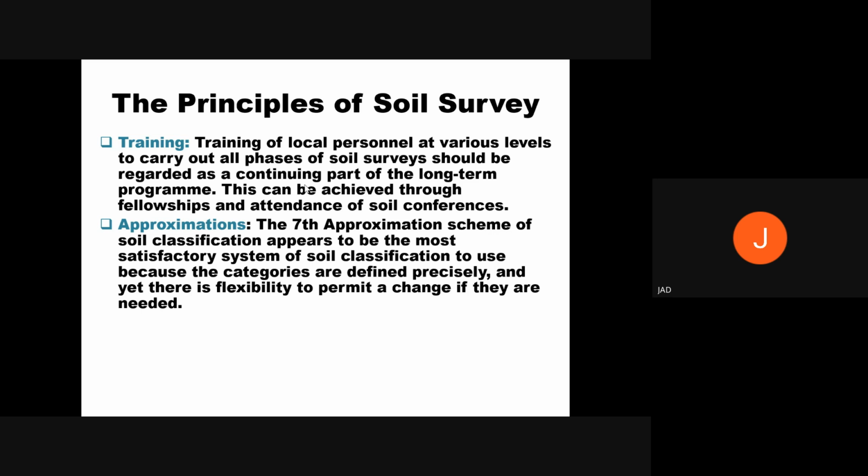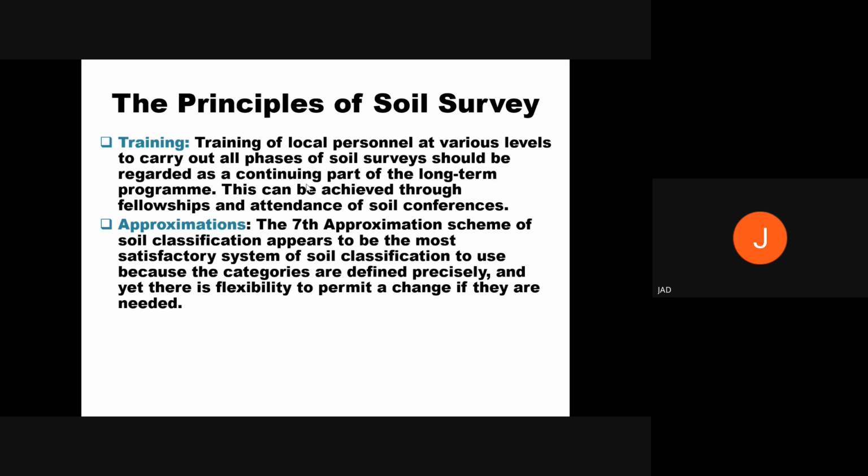Now, let me give you just a brief information about this. The 7th approximation scheme is a soil classification system developed by the US soil survey staff, which was a precursor to the modern soil taxonomy system.